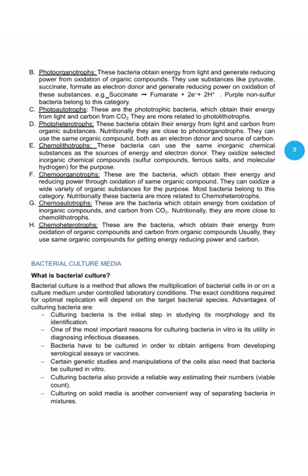So this type of bacteria uses organic compounds like pyruvate, succinate. For example, succinate is oxidized into fumarate and it releases electrons from this reaction, and this is a source of the electron donor for the reaction for the building of the macromolecules in the bacterial cell.